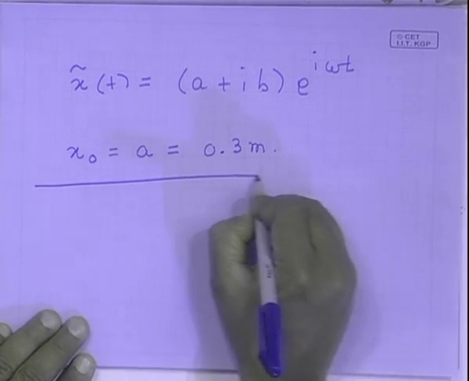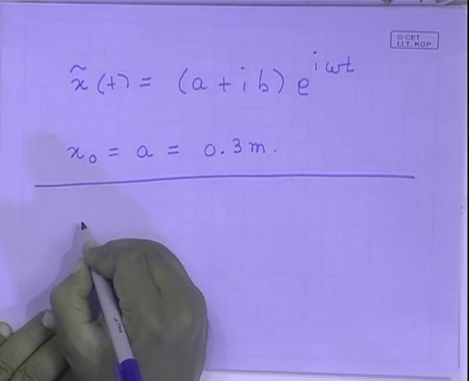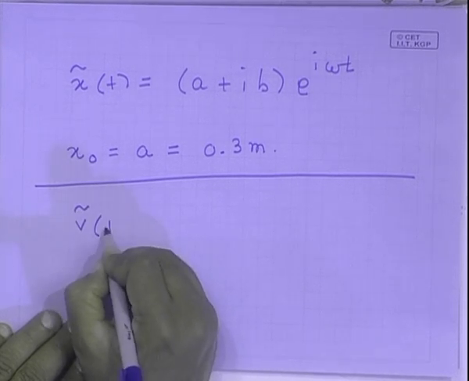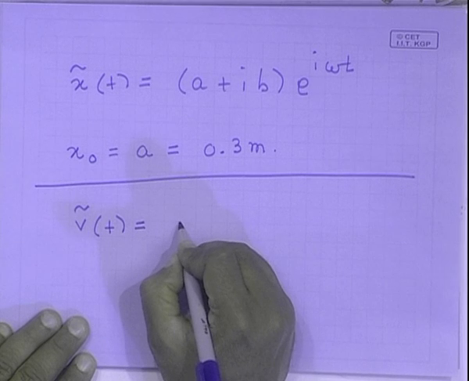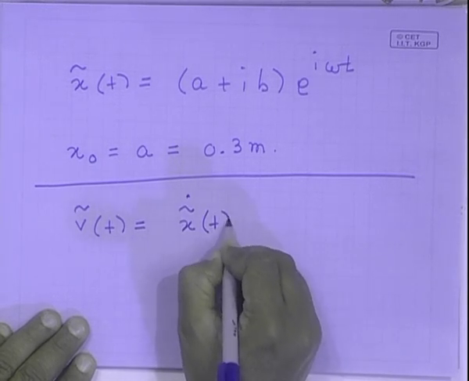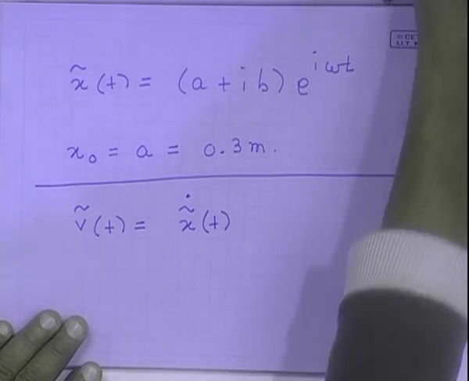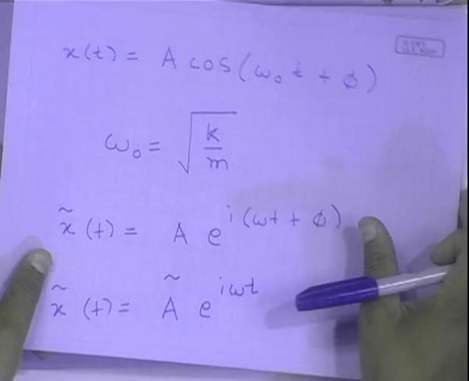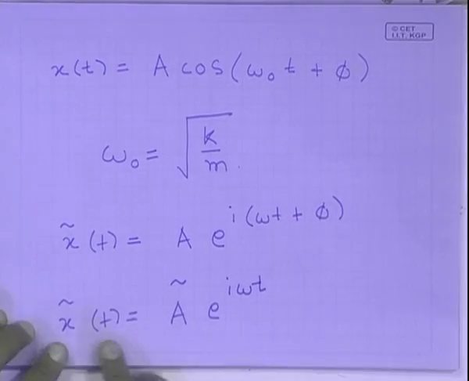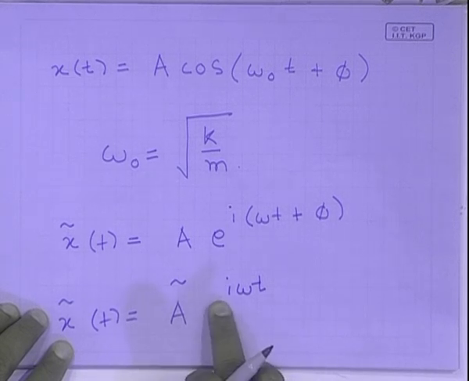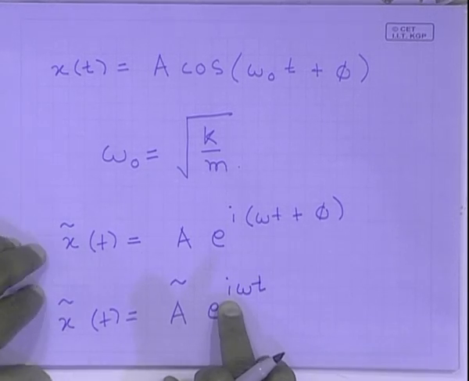Let us now look at the velocity. In the complex notation, the velocity v as a function of time is the time derivative of the complex position variable. Now, if you differentiate this, you pick up a factor of i omega.